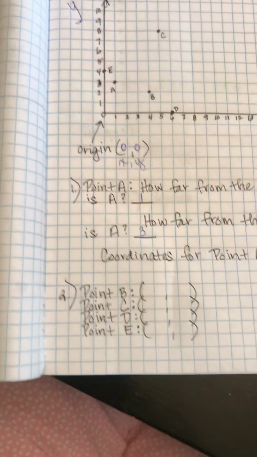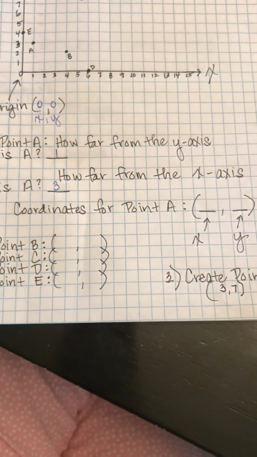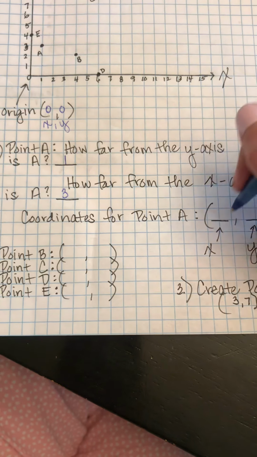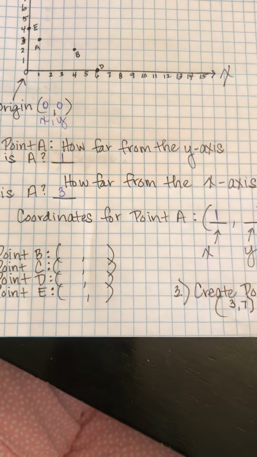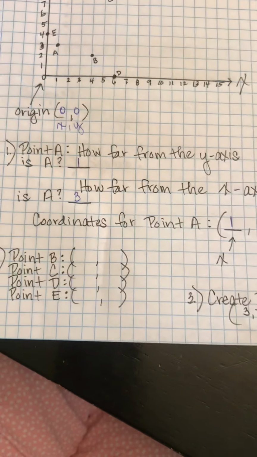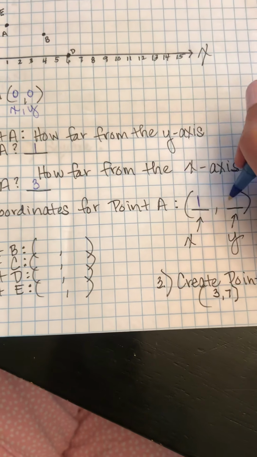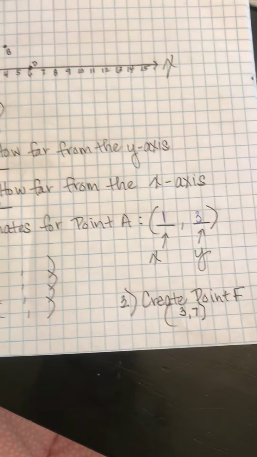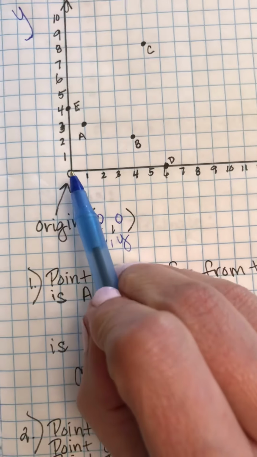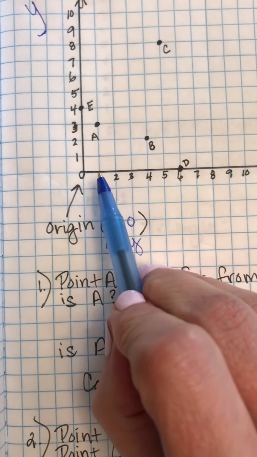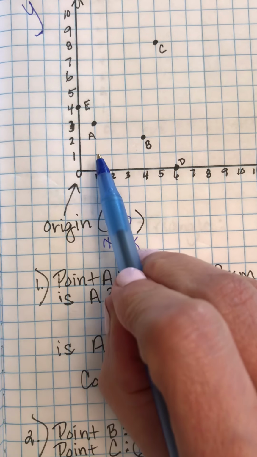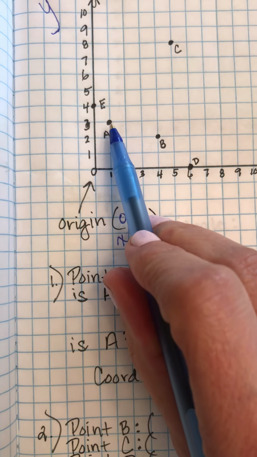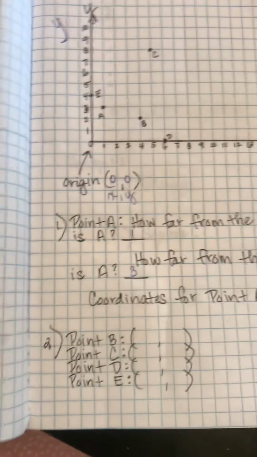Now you can actually use that to make your coordinates. So how far away from the y-axis is A? 1, that would be our x. And how far from the x-axis is 3, that would be our y. So it's 1, 3. So remember, if you go over 1 and then up 3, that would be our point, okay? Over 1, up 3.